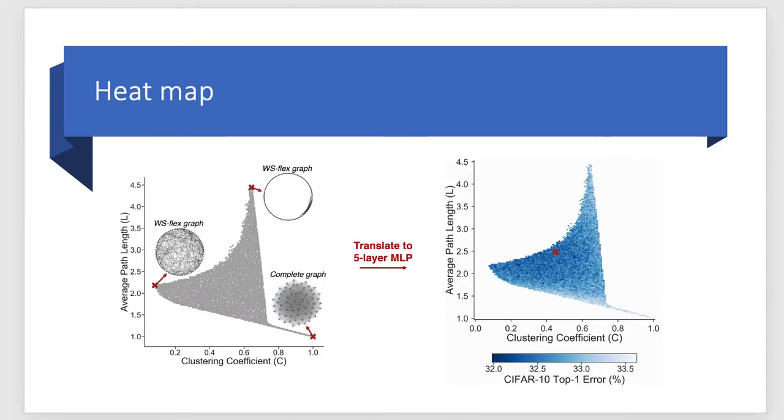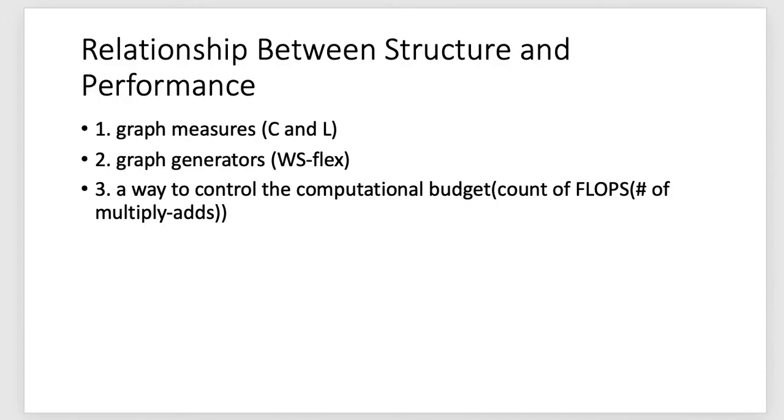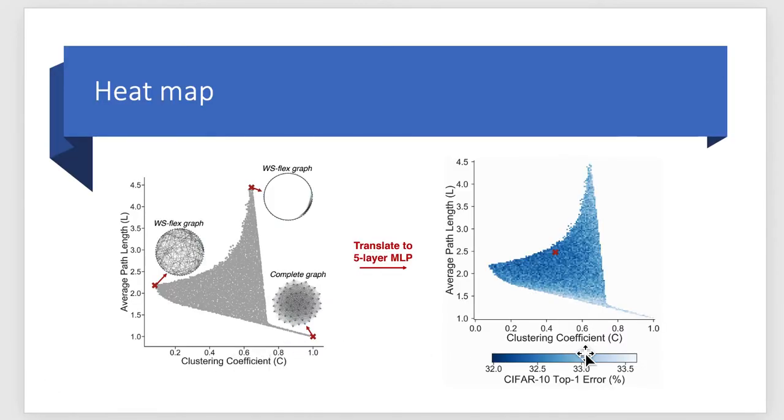After we have the three important things, we can use the heat map to find out our result. On the left-hand side are all the graphs that we have, and on the right-hand side, the x-axis is C and the y-axis is L, and the color represents how good a specific model is.